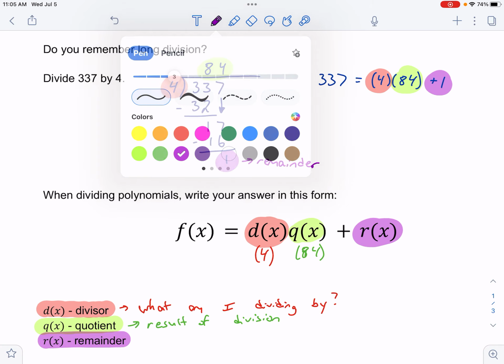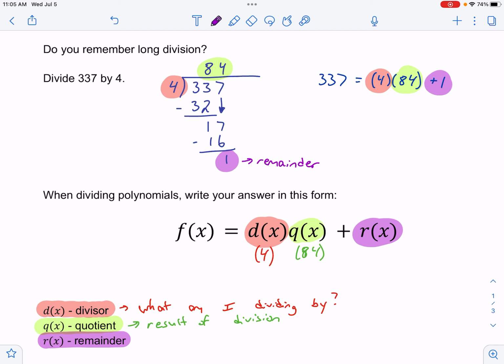The remainder is how much is left over if it didn't divide evenly. And in our previous example, it was 1. 1 was the remainder. That's the gist for dividing polynomials.